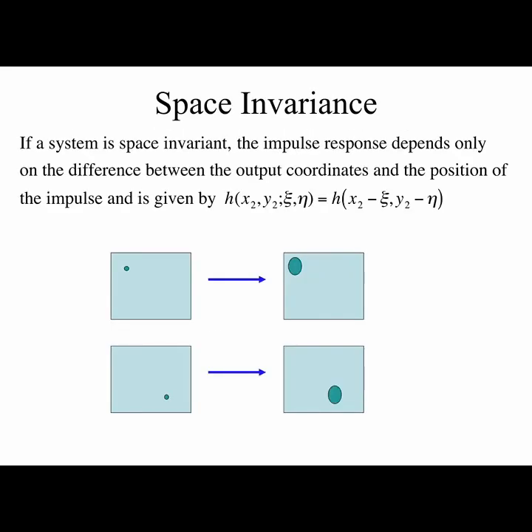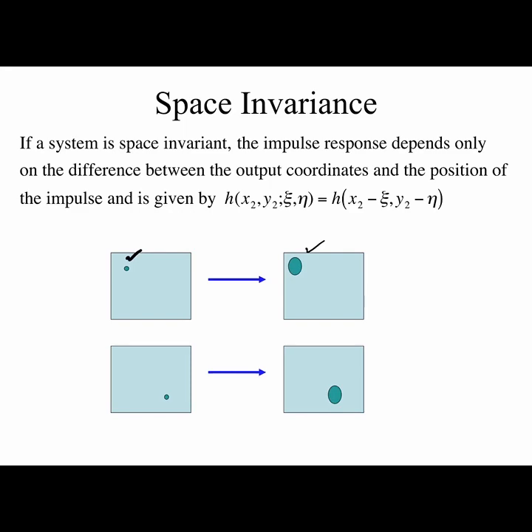So what we want to do is introduce another thing called space or shift invariance. It's like what we were talking about with the example of the eye. If I have a shift invariant system, and I have this impulse here, and this is the system's output, you can see that my system blurred my input.